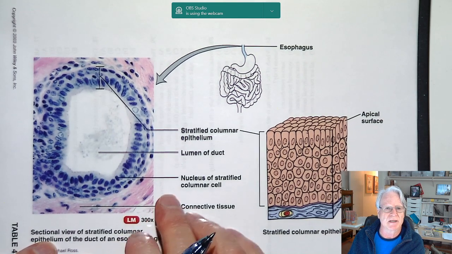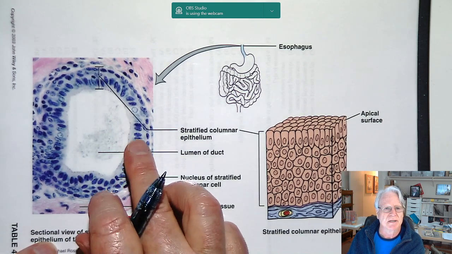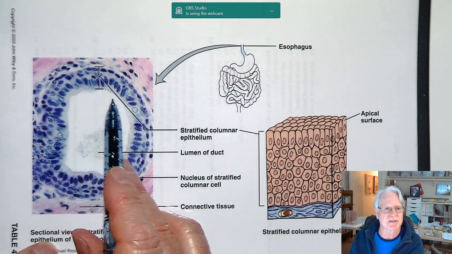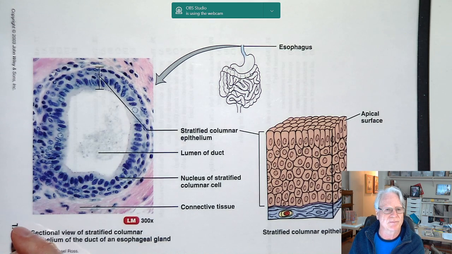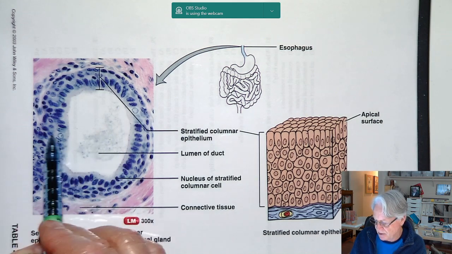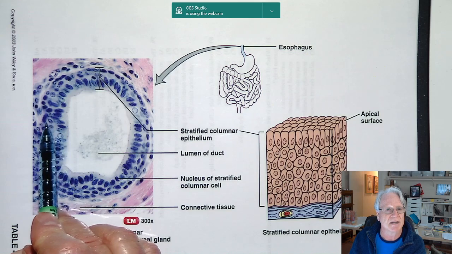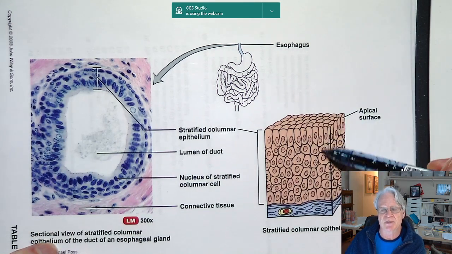And you can see there, it's not entirely clear, especially in this photograph here, that we're looking at stratified columnar epithelium, but that in fact is it. It's perhaps a little bit better seen over on this side, but this is what we get.